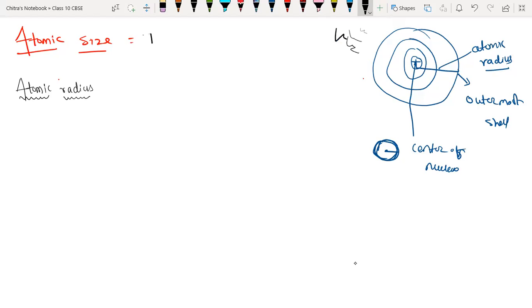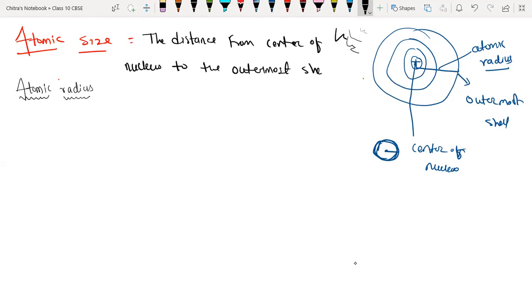The distance from the center of nucleus to the outermost shell of an atom.